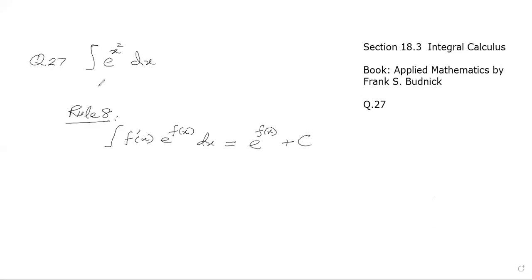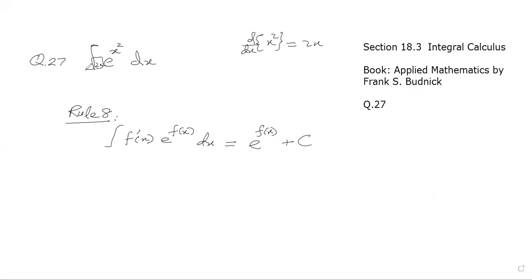You see why we are limited and cannot use rule number 8. Because f of x here is x squared, and the derivative of x squared, d over dx of x squared, is 2x, but we do not have 2x here.